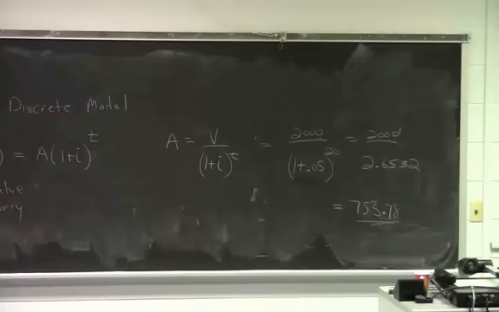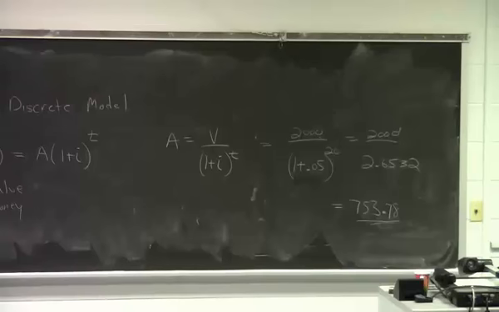Okay. So what that's saying is the present value of this bond is only $753.78. If you were to sell this bond today, that's what you would get for it. Or another way of putting it, if you had $753.78 today, what would it be worth in 20 years, assuming the interest rate is 5%?